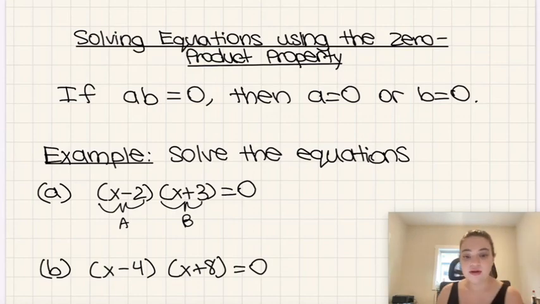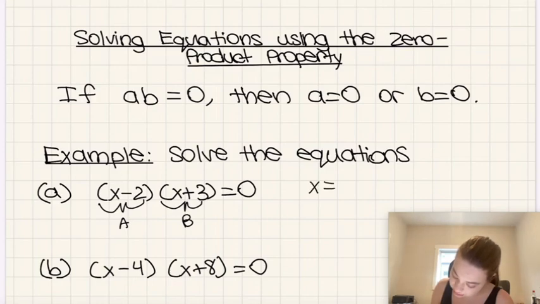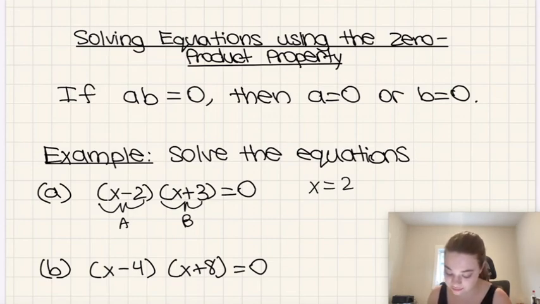And so therefore, what would it take for x minus 2 to be 0? Well, if x was equal to 2, then that would be the case, right? So x equals 2 is a solution here. And if we were to plug in x equals 2, in this first bracket, we would get 2 minus 2, which is just 0. In the second bracket, we would get 2 plus 3, which is 5. And 0 times 5 is 0.